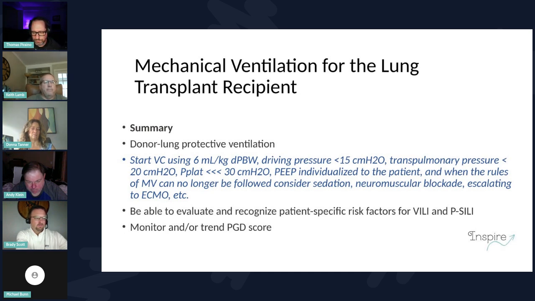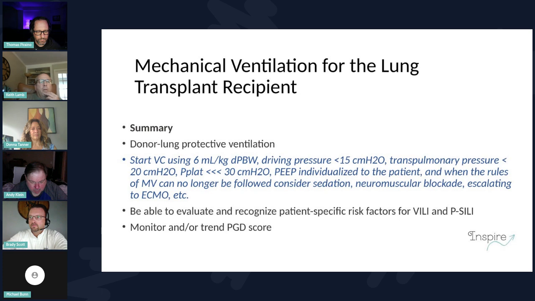They don't have a respiratory drive. However, that's not true for the patient that receives the donor lung. As they're all intubated post lung transplant, there is the potential there for self-inflicted lung injury. And so that becomes really important when you start to talk about their ventilator management.